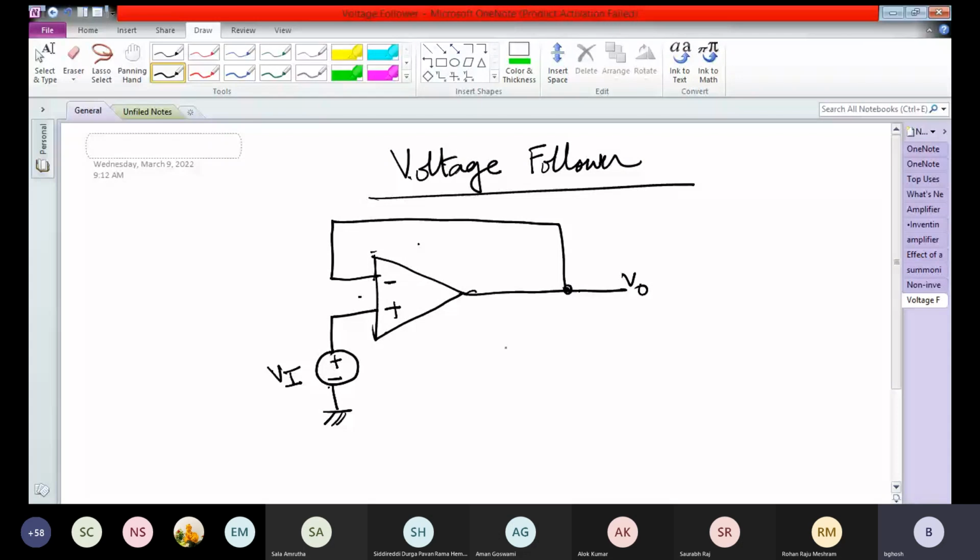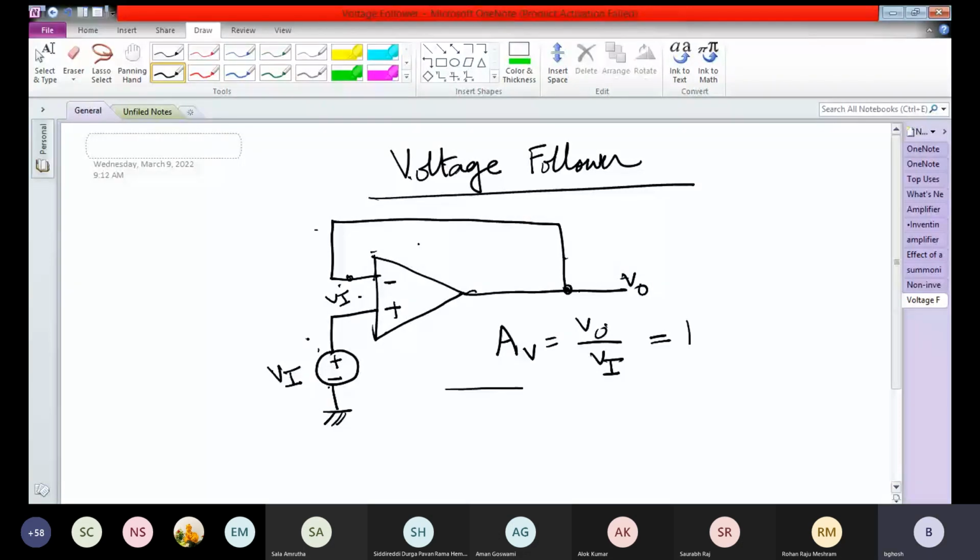So AV becomes equal to V0 by Vi. Vi falls here, because the input and output are virtually shorted, and Vi equals V0. So V0 by Vi equals 1.